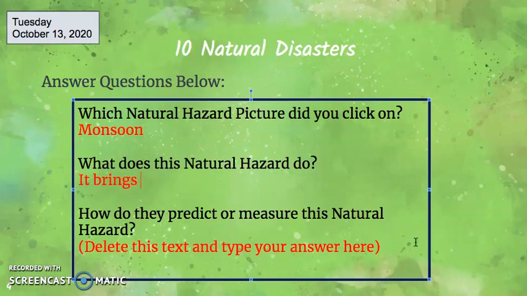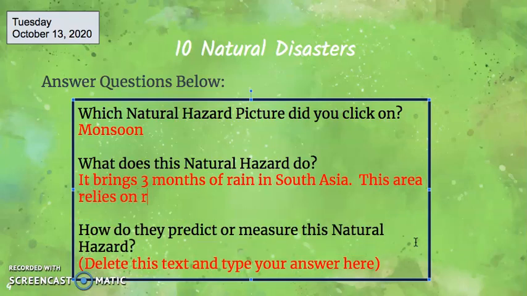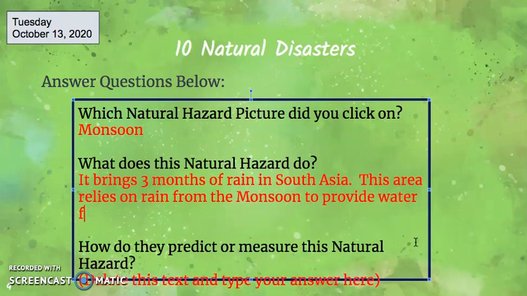It brings 3 months of rain in South Asia, which this area relies on rain from the monsoon to provide water for towns and crops.